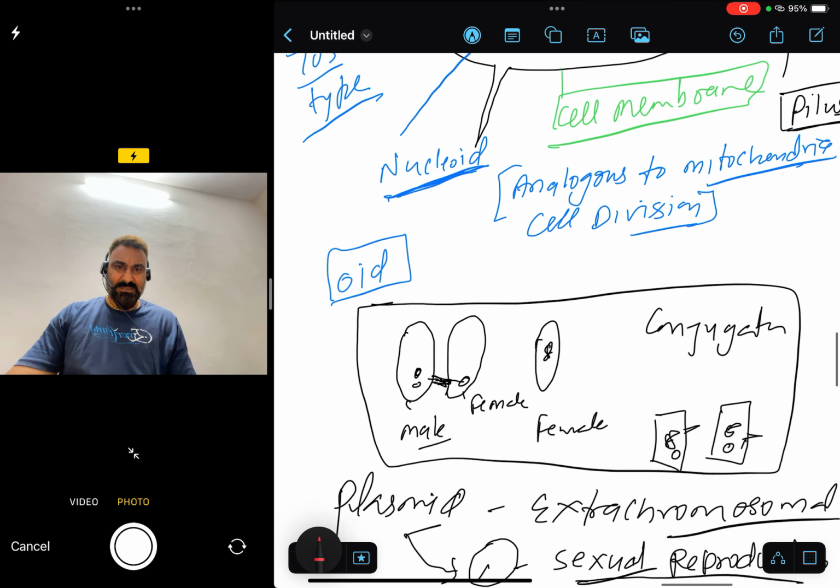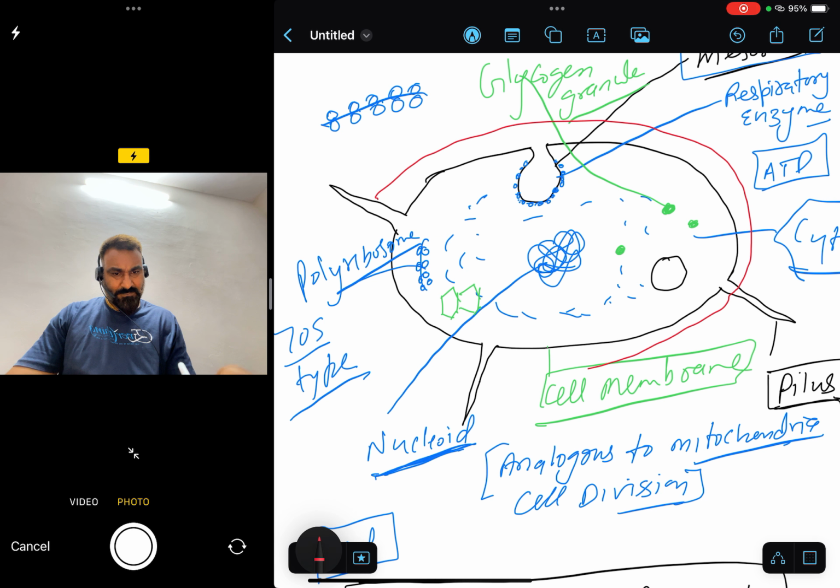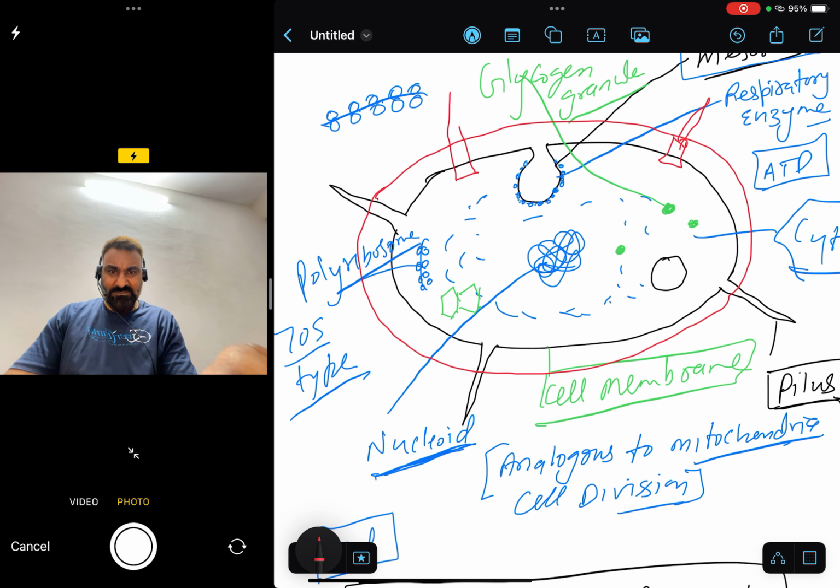Now a cell wall is present which surrounds this structure, and some structures like this are also present in some bacteria. These are known as flagella.